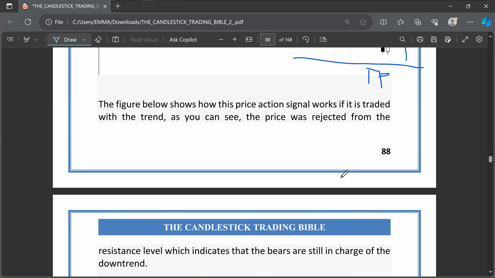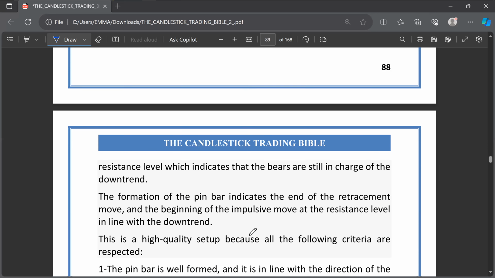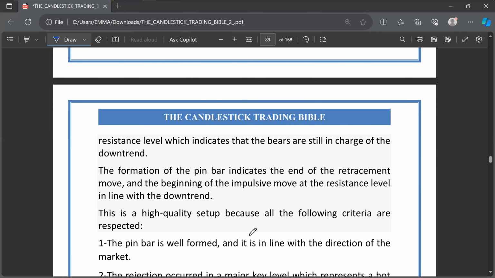The figure below shows how this price action signal works if it is traded with a trend. As you can see, the price was rejected from the resistance level, which indicates that the bears are still in charge of the downtrend. The formation of the pin bar indicates the end of the retracement move and the beginning of an impulsive move at the resistance level, in line with the downtrend.